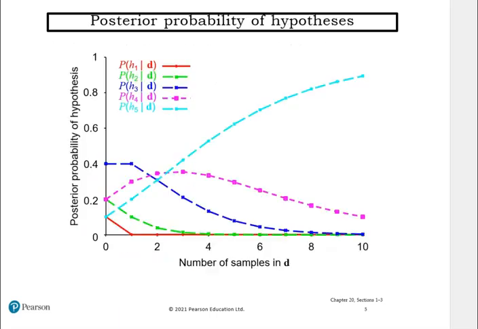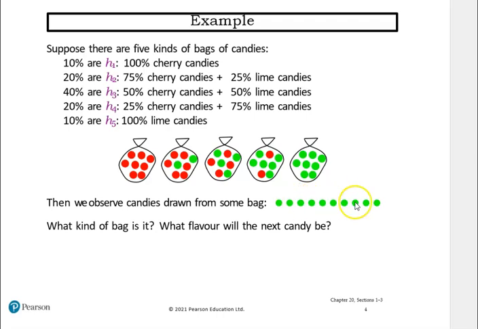So if you look at what we end up with here, this essentially would be the posterior probability as we are picking the candies. Notice that in this case, we only picked lime candies. So naturally, you would predict our agent to increase the probability that our bag is full of lime, right?